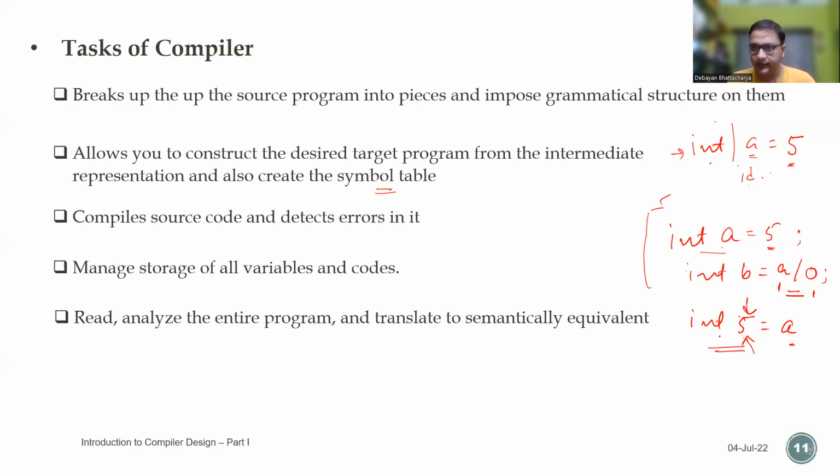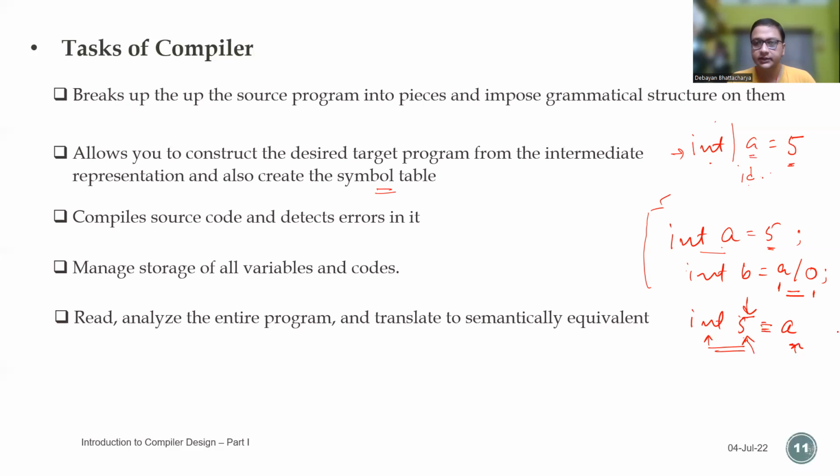Though it is syntactically correct, the syntax is correct. We define the data type correctly. We define the variable, I mean, the user assumes that the variable name is 5. Then again, they properly place the assignment operator. Then they properly place the assigned value. But this is not meaningful. Why?